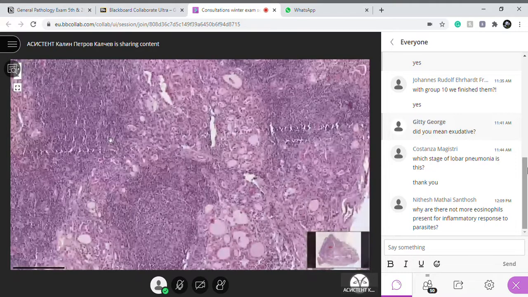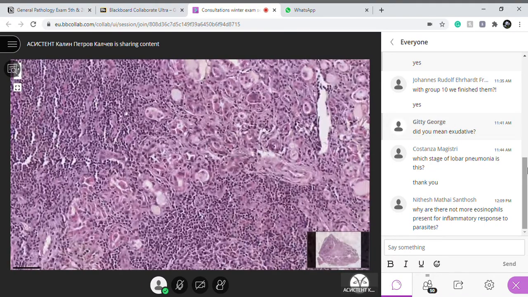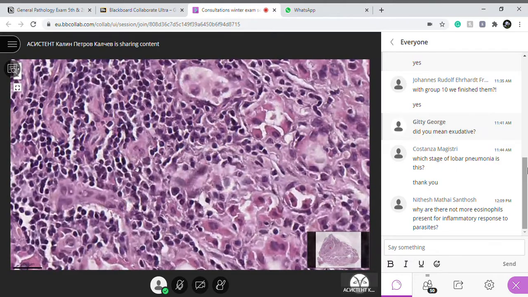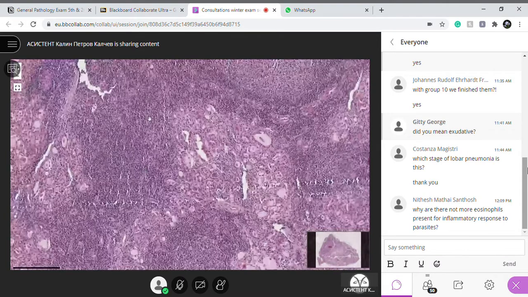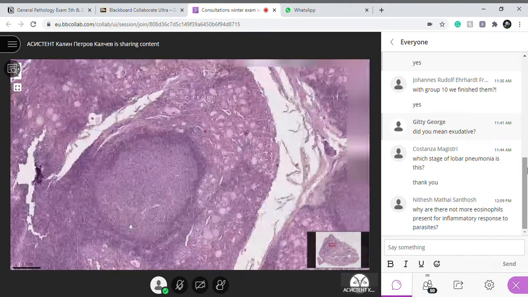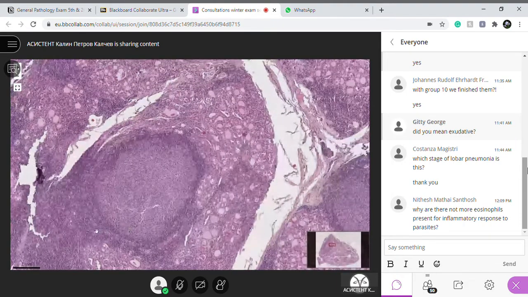Actually, it is a lymphocytic inflammation. We see so many lymphocytes here that there are so many that they make some lymph tissue structures. Like here, you can see a lymph follicle with a germinal center.